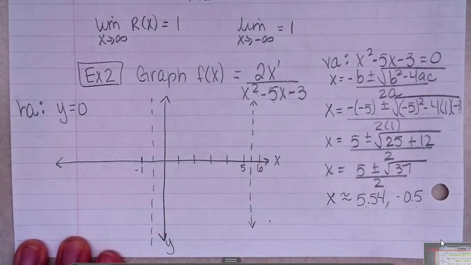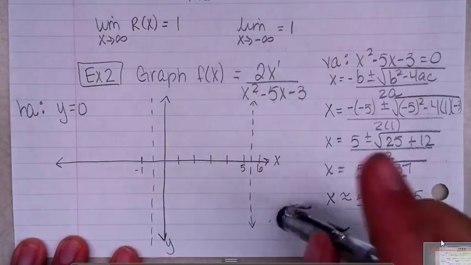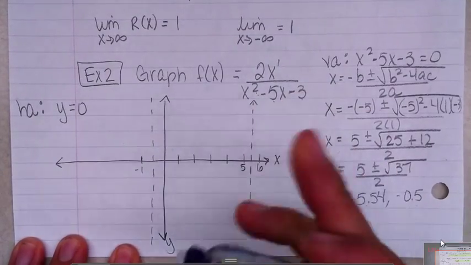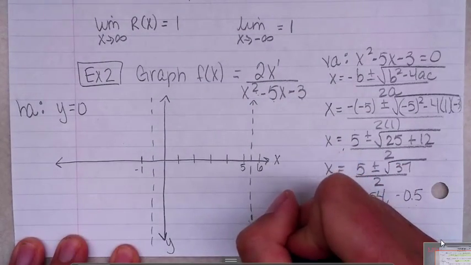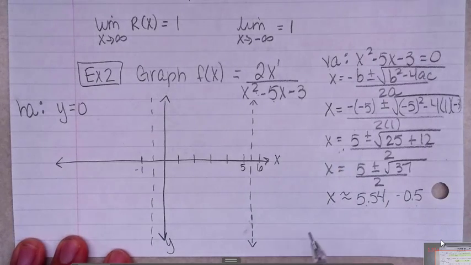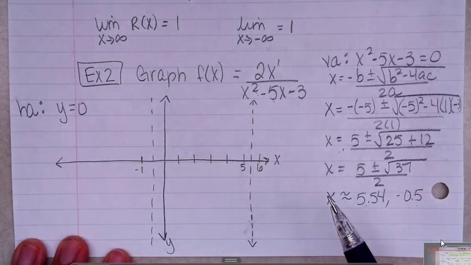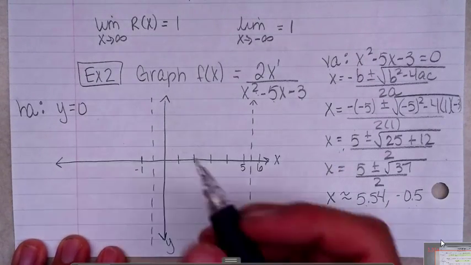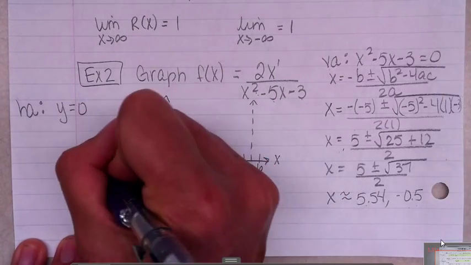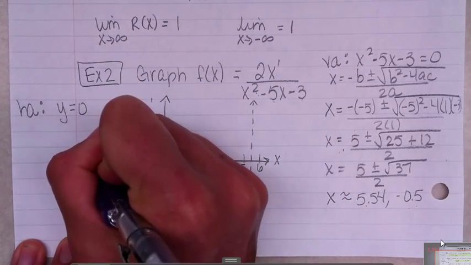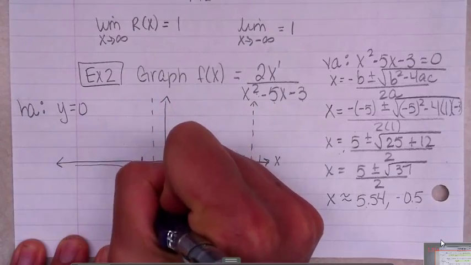Now from here you can do things like plug in values. A lot of times you'll be allowed to use your calculators on these, so you're going to be able to check it on your graphing calculator. And so the graph is going to look something like this.